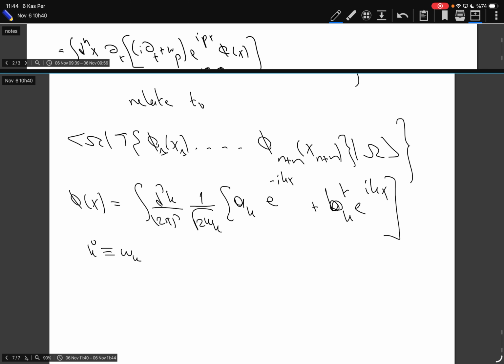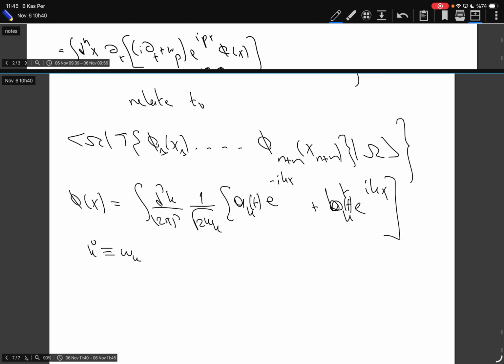If this is the full interacting theory, then these a_k operators will also have some time dependence. Yes, there will be the evolution due to H0, which I include in the exponent. These a_k(t) operators will depend on time only due to V. This is not the interaction picture.